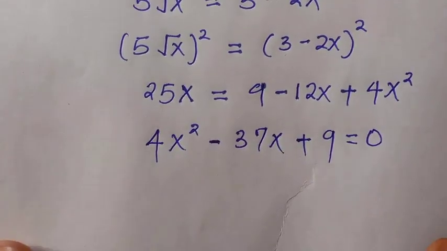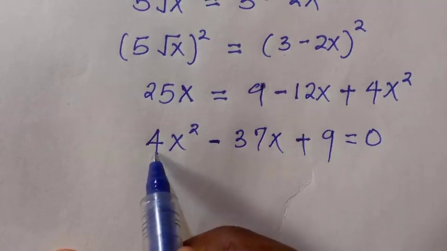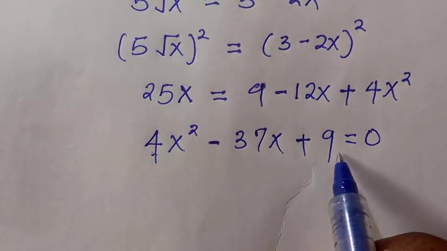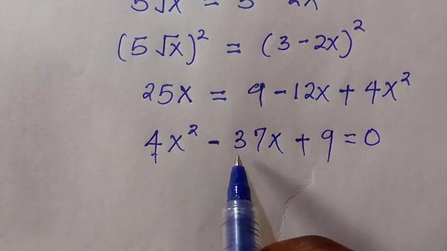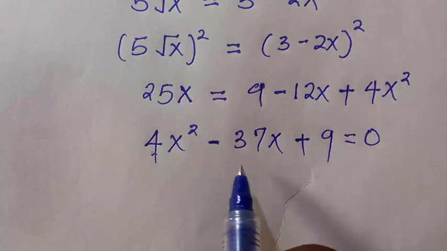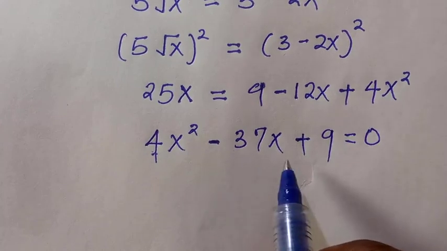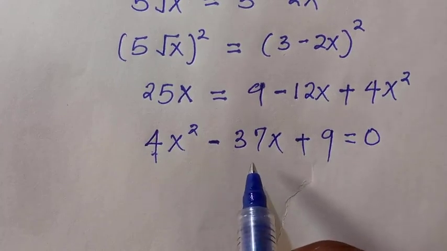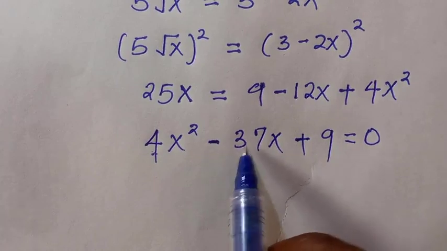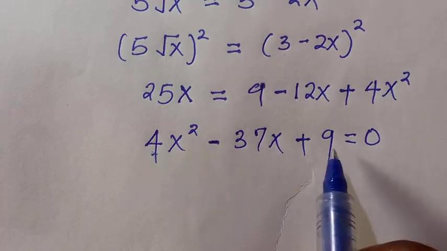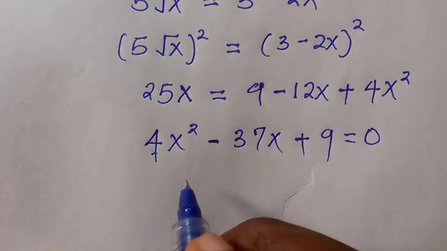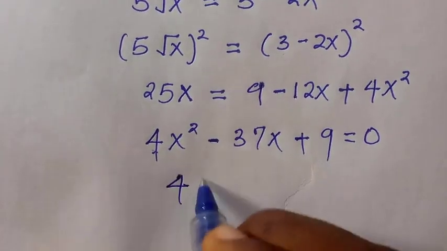Again, we can factorize this, because when we multiply 4 by 9, we get 36. We take two numbers, minus 36 and minus 1, which when we add together give us minus 37, and when we multiply give us 36.